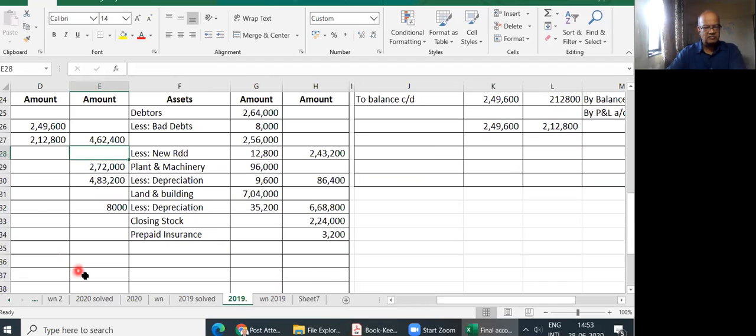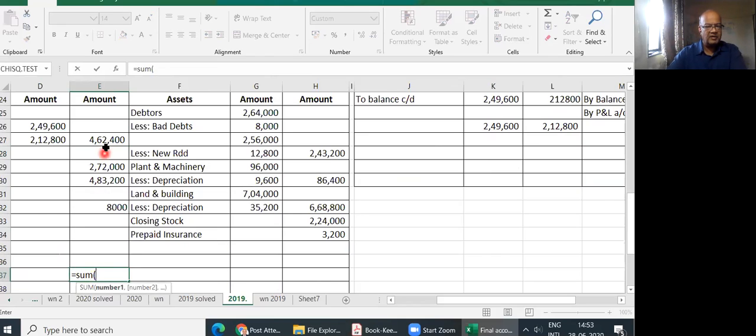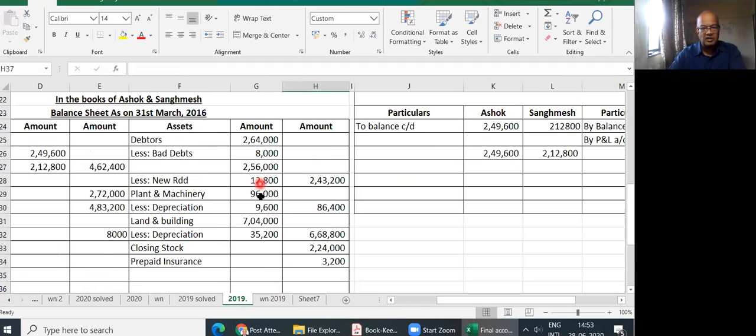Now let us balance. We make a total of this side. It is 12,25,600. We make a total of the other side, the inner column and outer side we have posted.